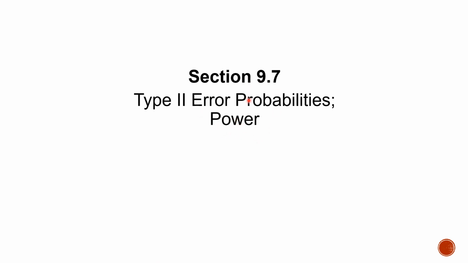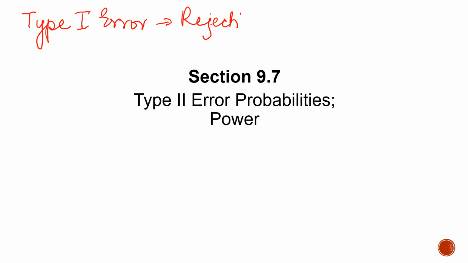Now, before we go deep into this, let's just talk about a few things we learned previously about the two types of errors that are possible when performing a hypothesis test. We said before that there are two types of errors. One is called the type 1 error, and the type 1 error is rejecting a true null hypothesis.